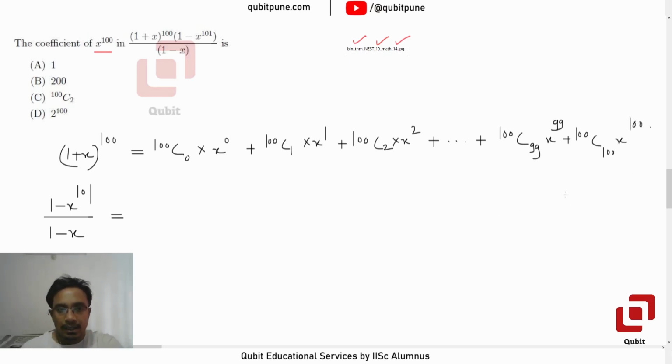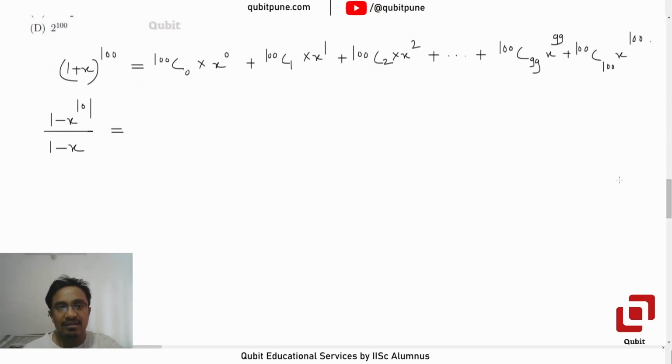Now when it comes to (1 minus x raised to 101) upon (1 minus x), let us remind ourselves that we have already seen something similar with a geometric progression. Suppose we consider a geometric progression whose first term is 1 and whose common ratio is x.